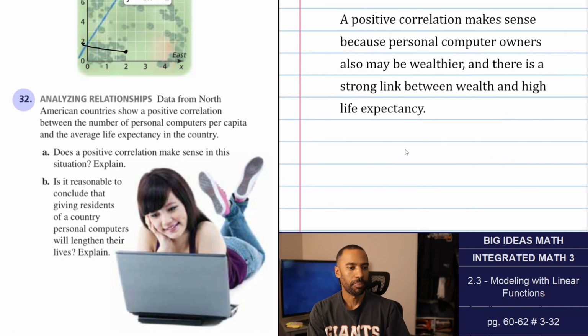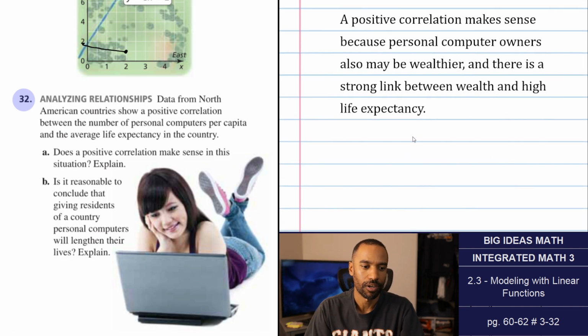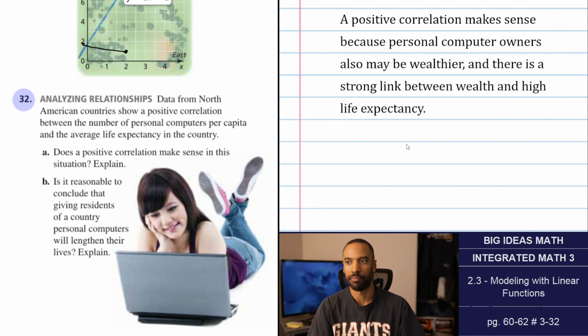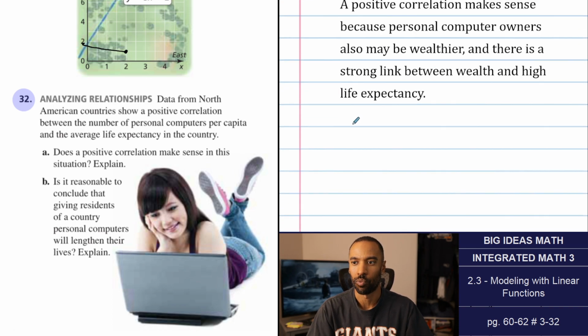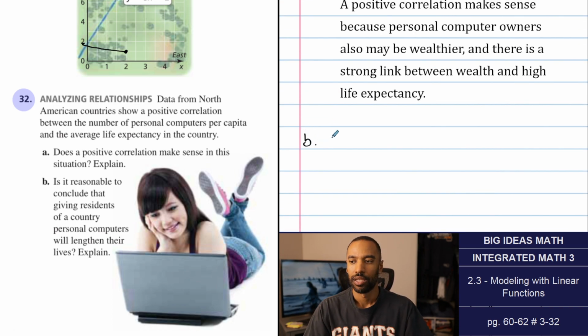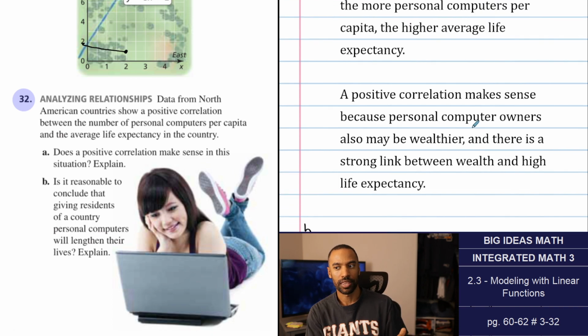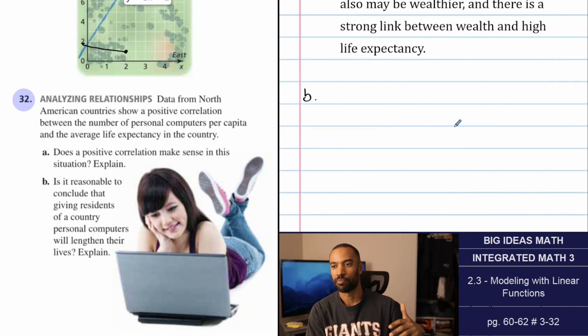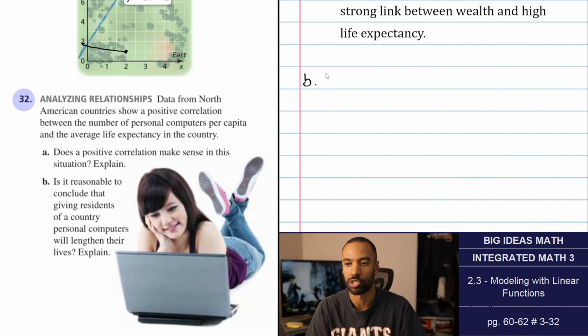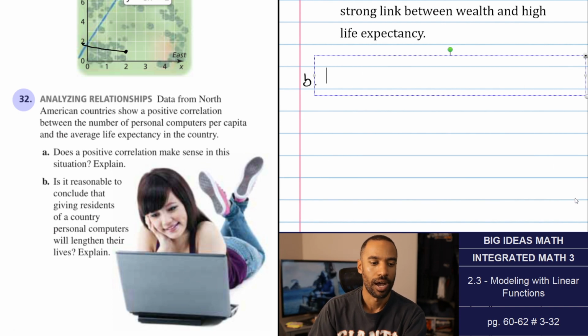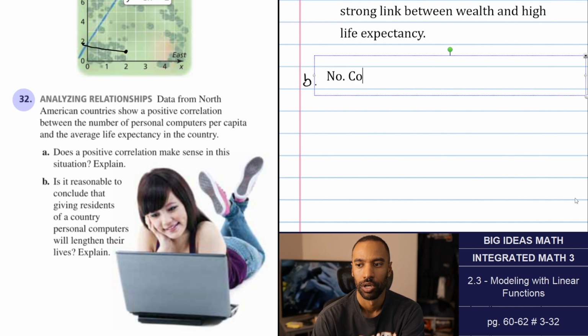Okay, part B. Is it reasonable to conclude that giving residents of a country personal computers will lengthen their lives? Explain. No. Again, correlation doesn't mean causation. What I found is another link within there, the wealth aspect. Now that you give them personal computers, it's not like I can research more things about wealth. No. Correlation doesn't necessarily mean causation.